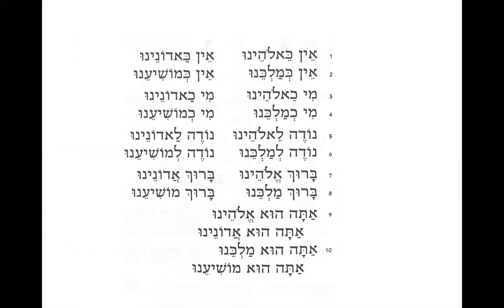En Kelohenu, en Kadonenu, en Kemokenu, en Kemoshienu. Mi Kelohenu, mi Kadonenu, mi Kemokenu, mi Kemoshienu. Node l'Elohenu, node l'Adonenu, node l'Emokenu, node l'Moshienu.